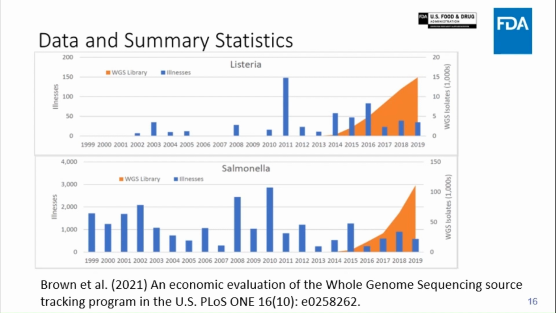And in the orange rust on the far right, that's the rising number of isolates sequenced and uploaded into NCBI. And what they're looking for is a correlation in the idea that the more you sequence, the more clusters you should identify. And if you act on them, the more illnesses should be averted. That's the theory. The model actually tests that correlation to see what it is.